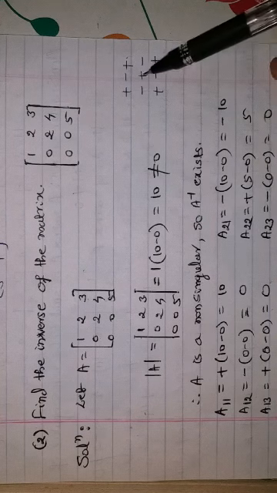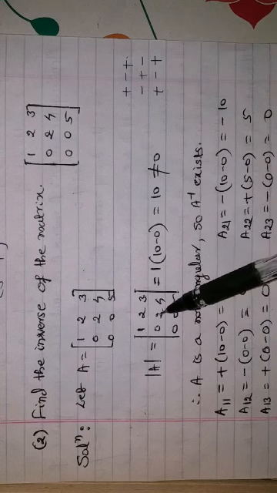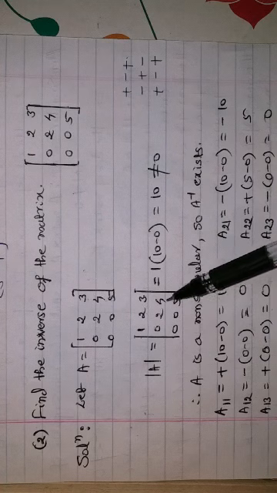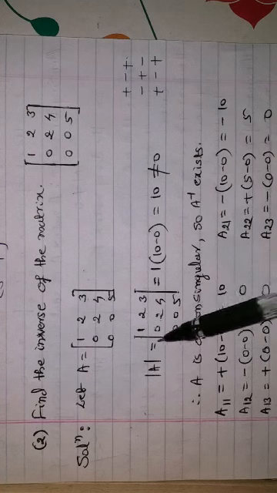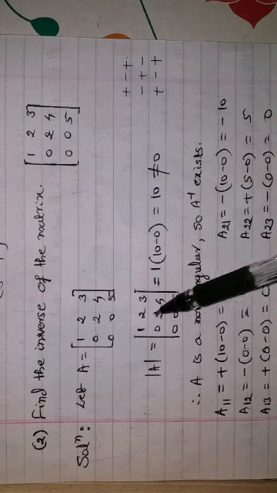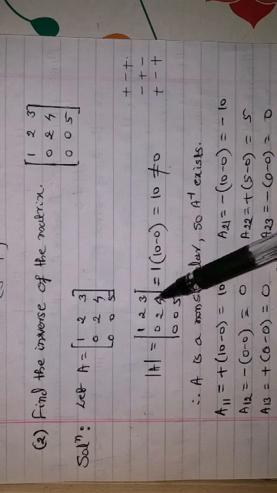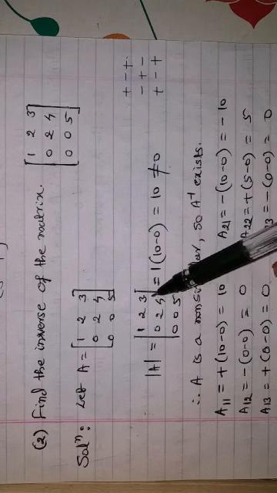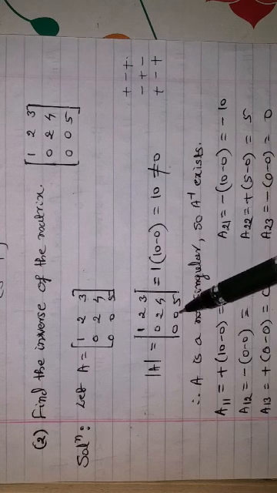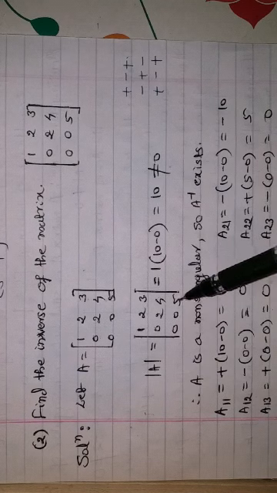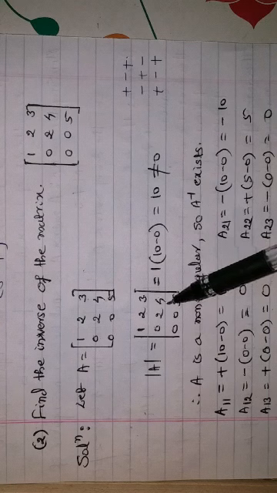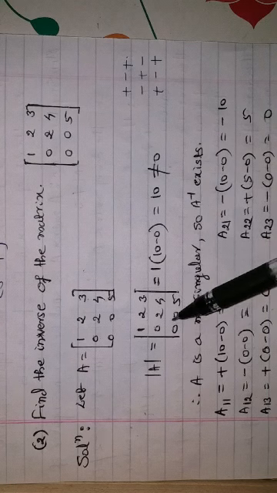A22 is plus sign, that is 2, then you leave this column, second row, 1 into 5, 5, minus 0, 5. A23, then this is 4, you leave this row and this column, then the remaining elements are 0 minus 0, hence 0.